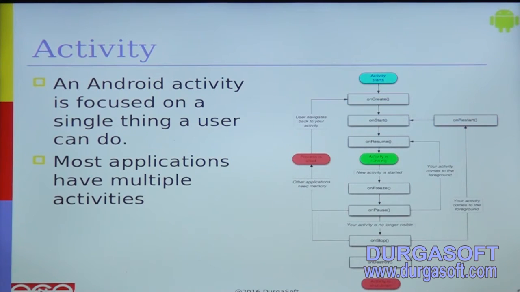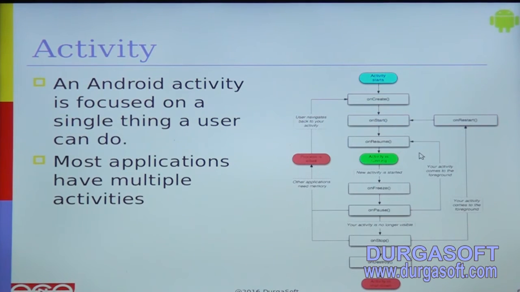So if you want to run this activity or see this activity again, it has to start from onCreate. But when you are on pause, then you don't need to go to onCreate again. Instead you can go to onResume and see that your application or your UI is still there.